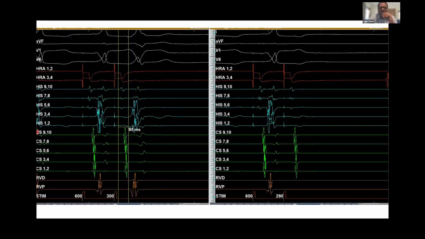So there again, we are seeing pre-excitation in the atrium. So we're talking about either atrial excitation followed by ventricular pre-excitation, or ventricular excitation followed by atrial pre-excitation.